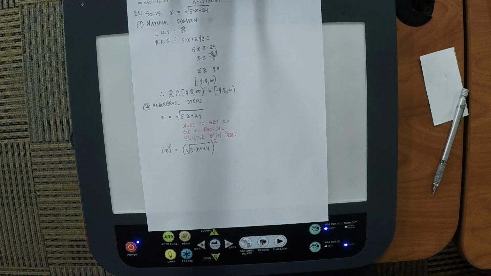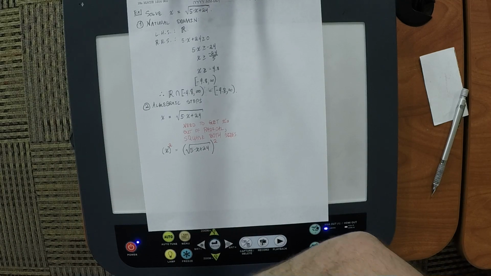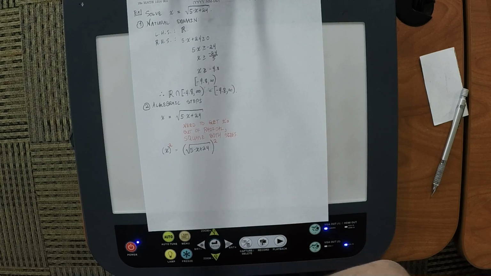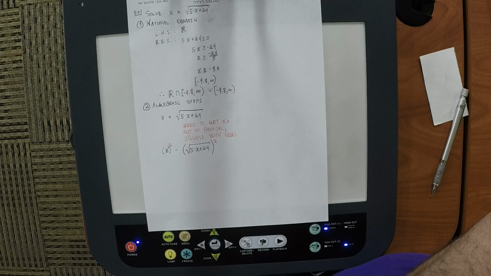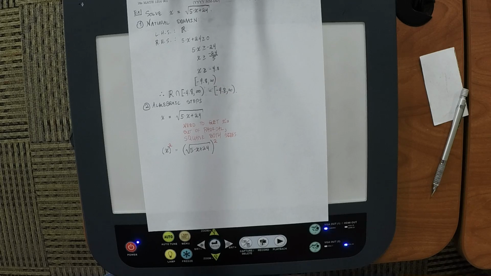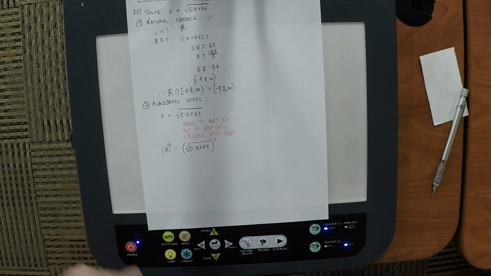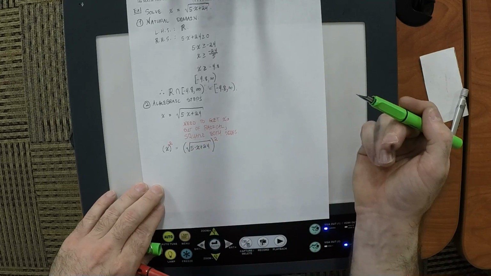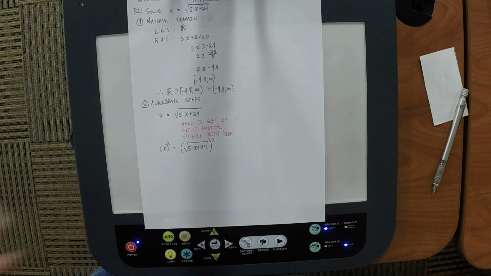But wait, didn't we take a bunch of time last lecture and very carefully indicate that that's not really an excellent thing to do all the time? Yes. But in this case, it's the only thing that you do. There's not really any other way around. The only way to get rid of it is to do the opposite. Good. What I want you to remember is that it's not that it's not permitted.